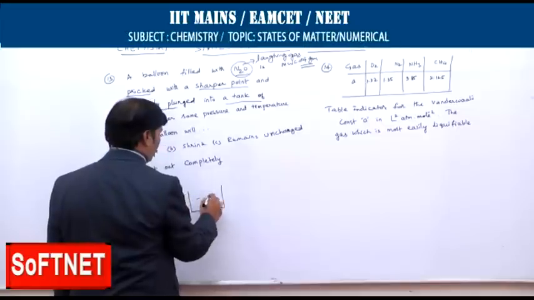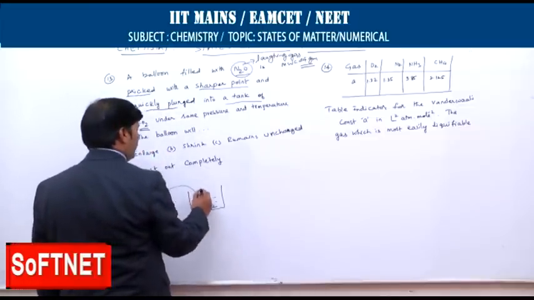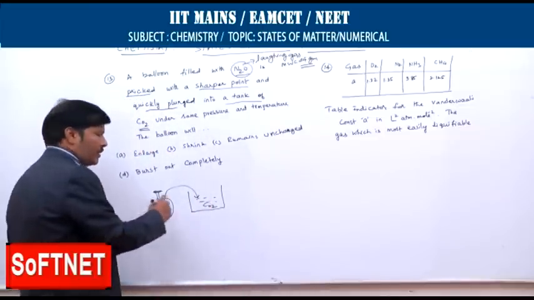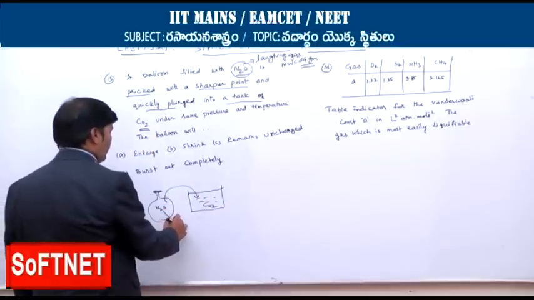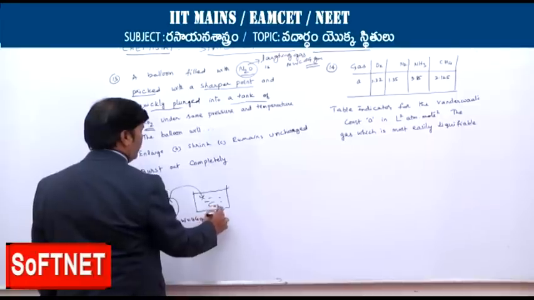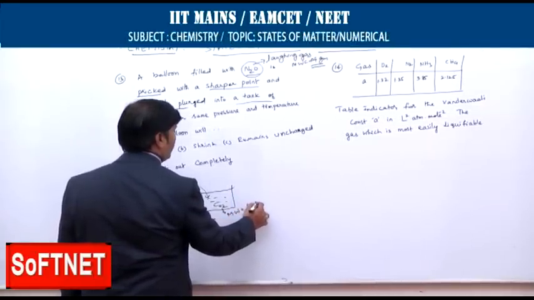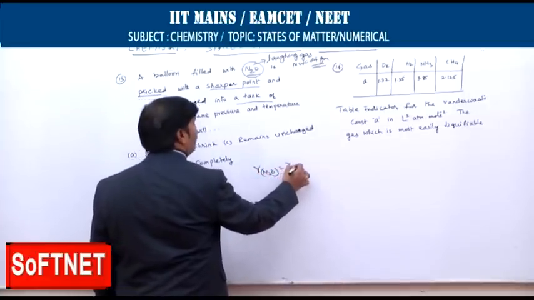Both have the same molecular weights, so molecular weight of nitrous oxide is 44 grams and even molecular weight of carbon dioxide is 44 grams. So I can say that rate of diffusion of nitrous oxide is equal to rate of diffusion of carbon dioxide.